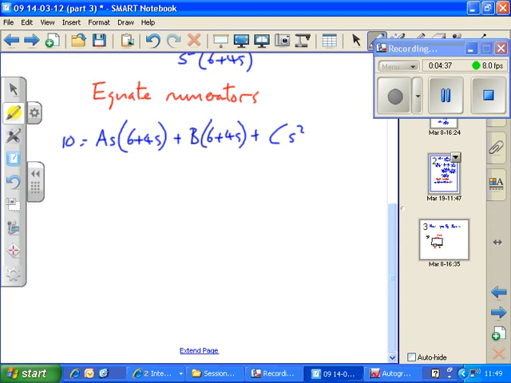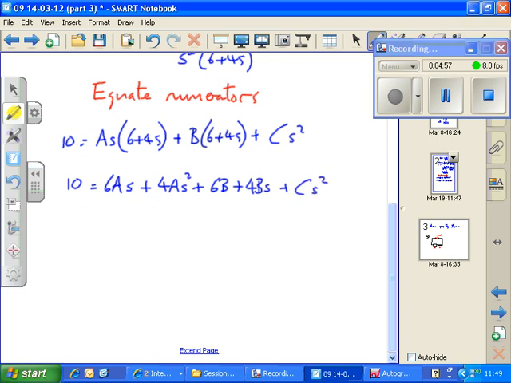Now multiplying out the brackets, 6As plus 4As squared plus 6B plus 4Bs plus Cs squared.